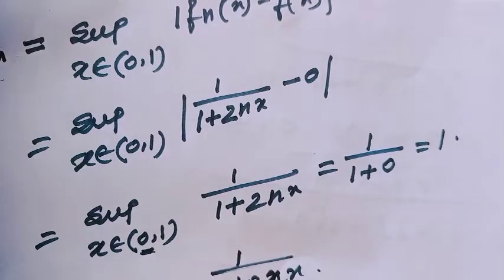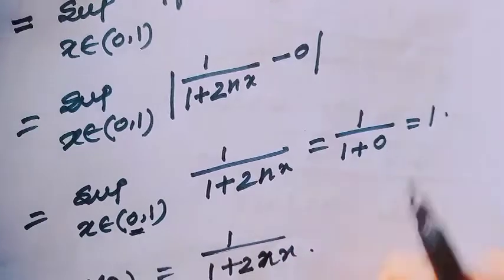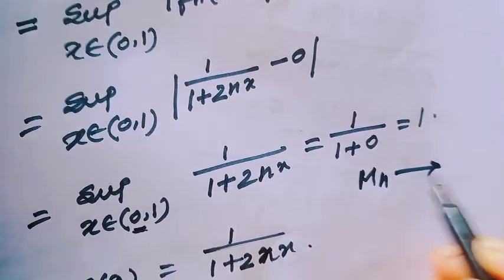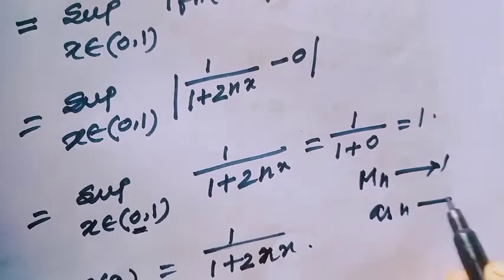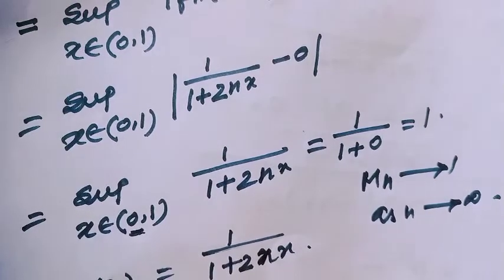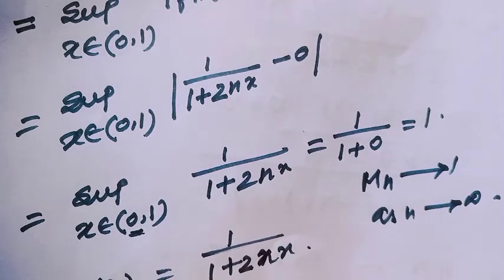That means here M_n tends to 1 as n tends to infinity. But to prove the sequence of functions is uniformly convergent, we have to prove M_n tends to 0 as n tends to infinity. This breaks the relation.